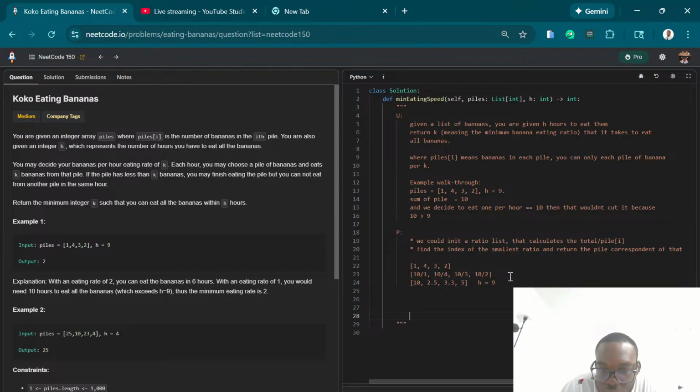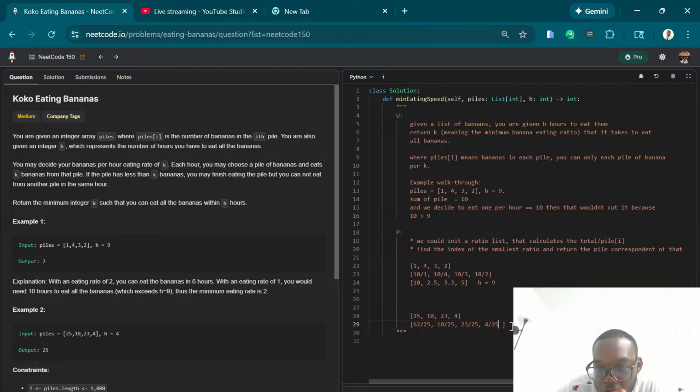So for example, 25, 5, 10, 23, 4, right? So that means this is 62, right? So 62 divided by 25, 10 divided by 25, 23 divided by 25, 4 divided by 25.